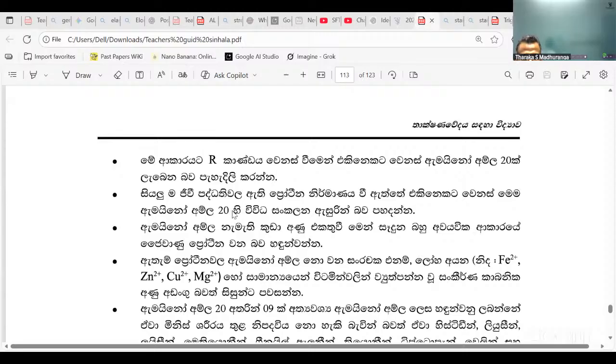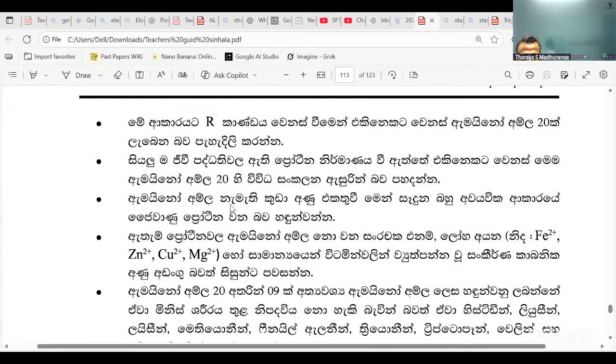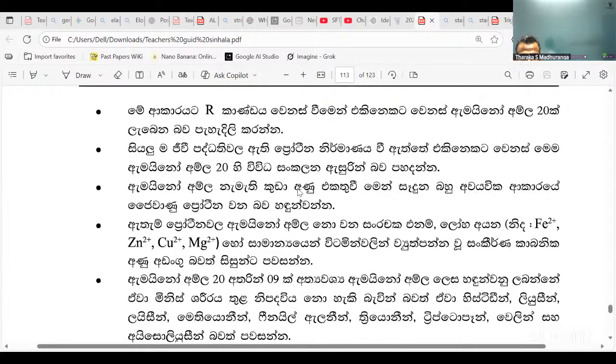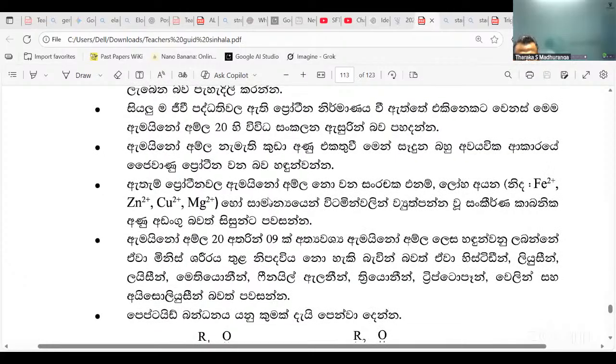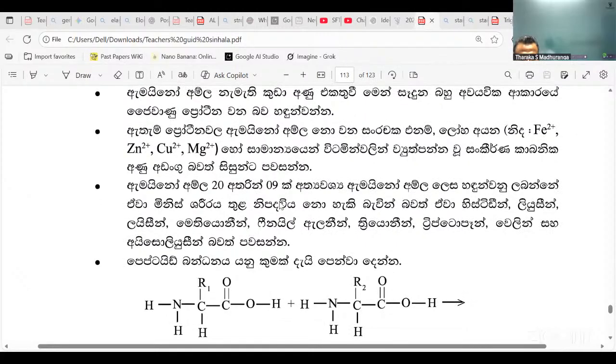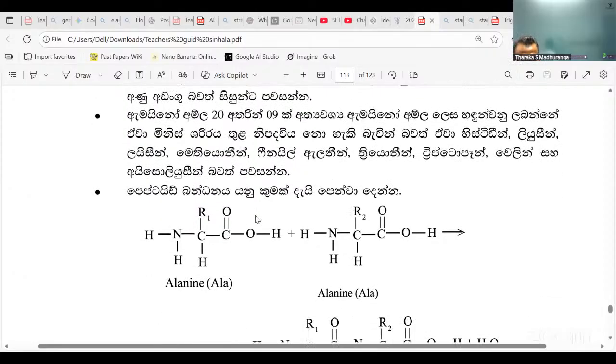Proteins are polymers formed when amino acids join together. Among the amino acids, some are essential amino acids. The list of essential amino acids is given in the teacher's guide, and also in your tute.